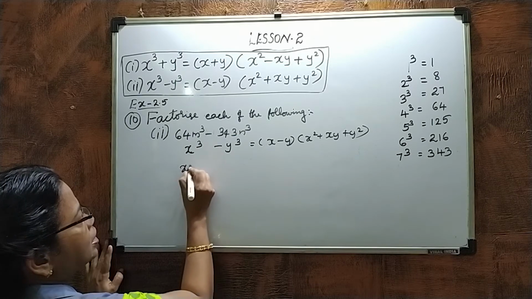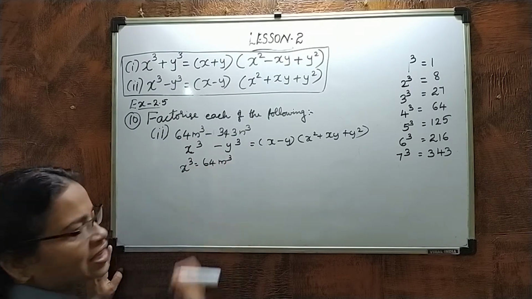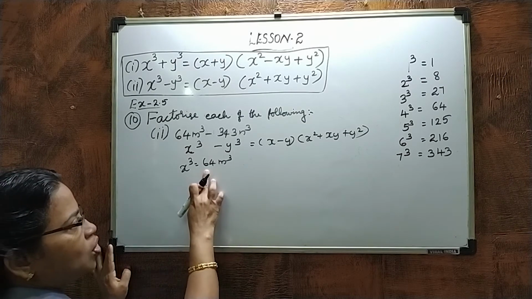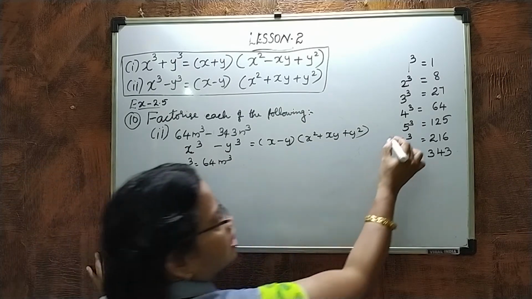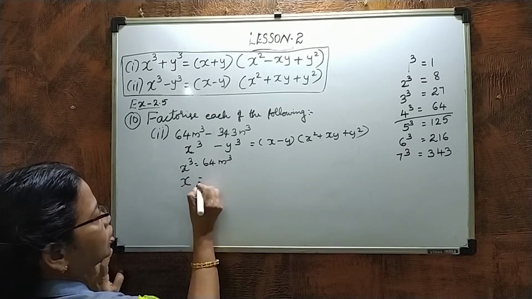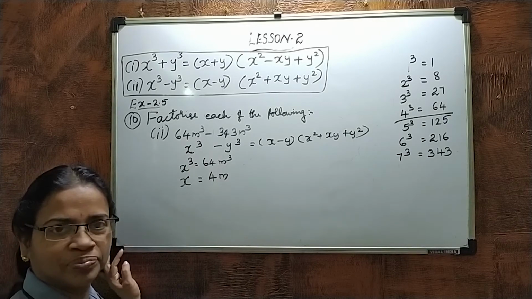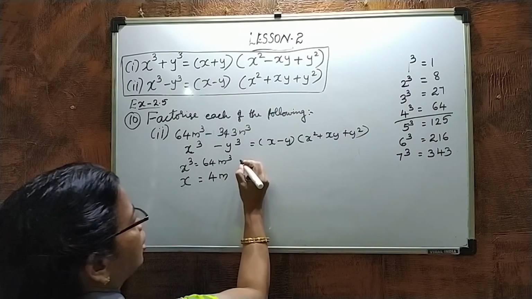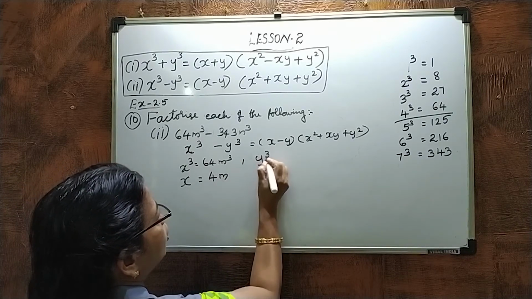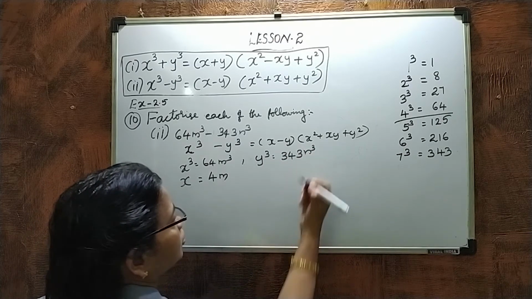Now x cube is 64 m cube. What is x then? 64 is a cube. So it is 4 cube. That means x is equal to 4m, since m cube becomes m. Right? Now next one, y cube. y cube is equal to 343 n cube.